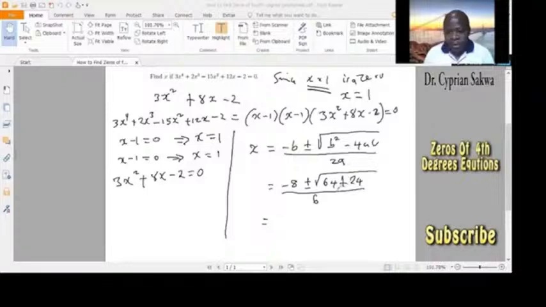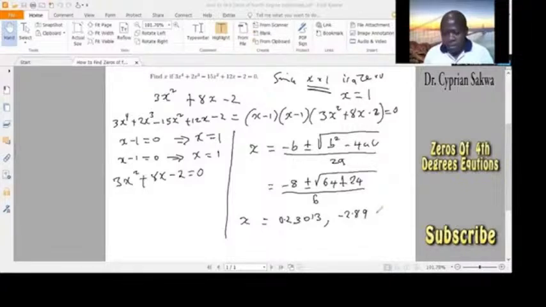Let me just use my calculator. I'm getting x to be 0.2301, to 5 decimal places, and the other value of x that I'm getting is negative 2.8968.